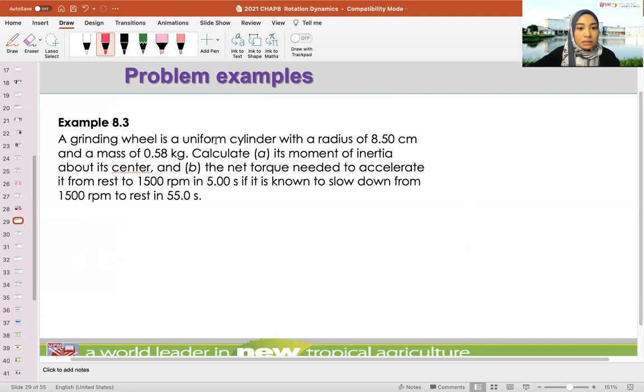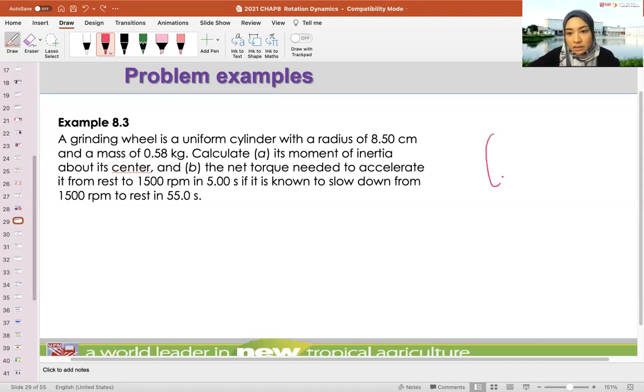A grinding wheel is a uniform cylinder with a radius of 8.5 centimeter. Let me draw it. Please expect the worst. This is my cylinder. Oh, sorry, it's a grinding cylinder. It will crush stuff into powder, right?